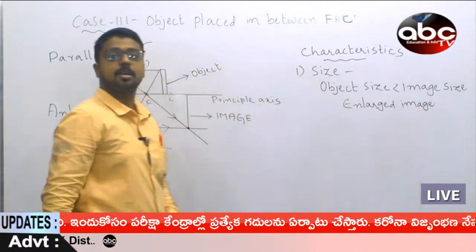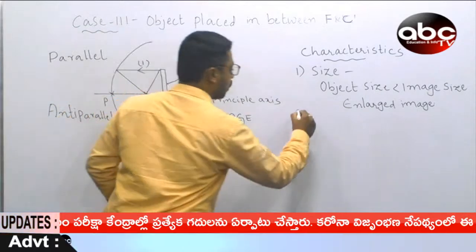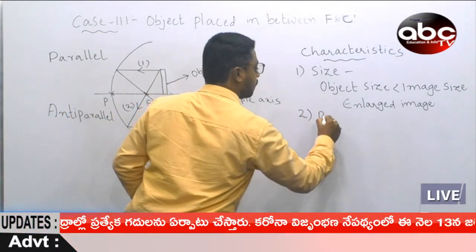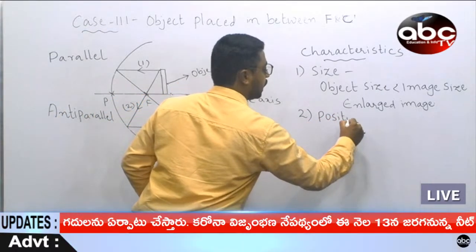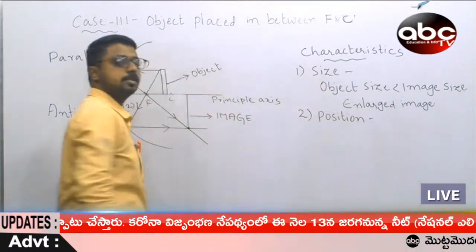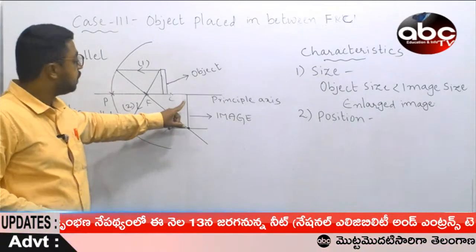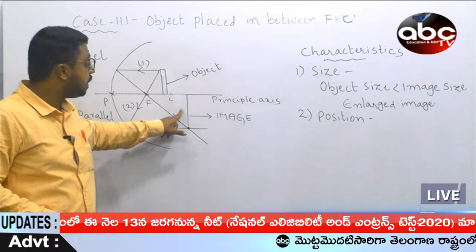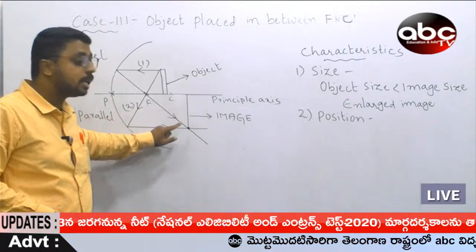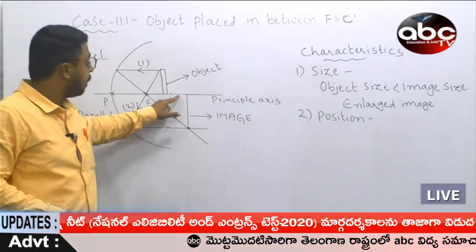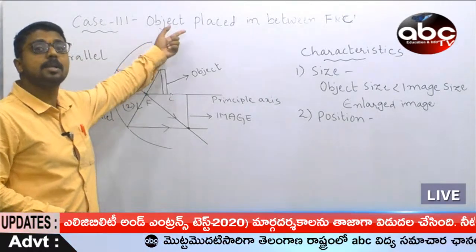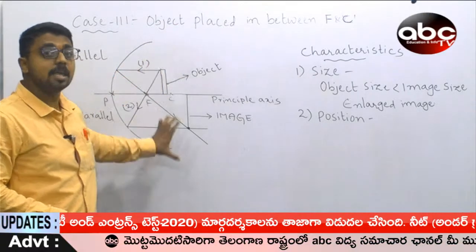While coming to the second aspect, this is called position. Where is the image lying? In which zone? Below the principal axis or above the principal axis? It is below the principal axis.